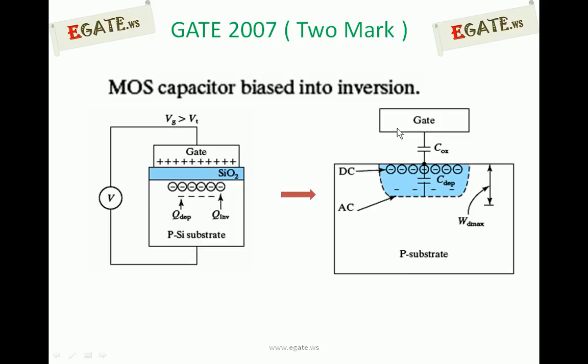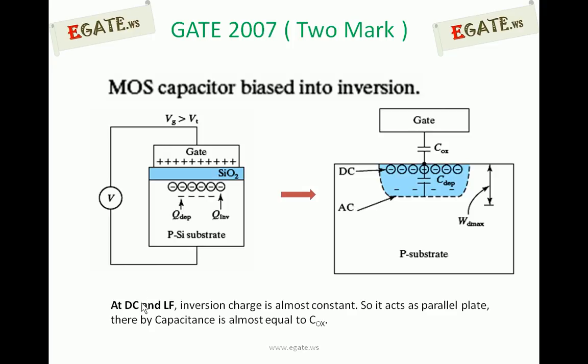So the capacitance at DC or low frequencies will be equal to COX only, because the depletion region acts as constant and this negative charge acts as another parallel plate, so COX dominates.